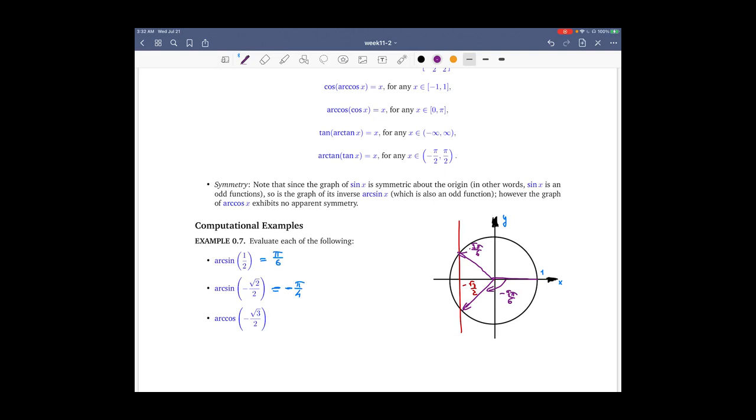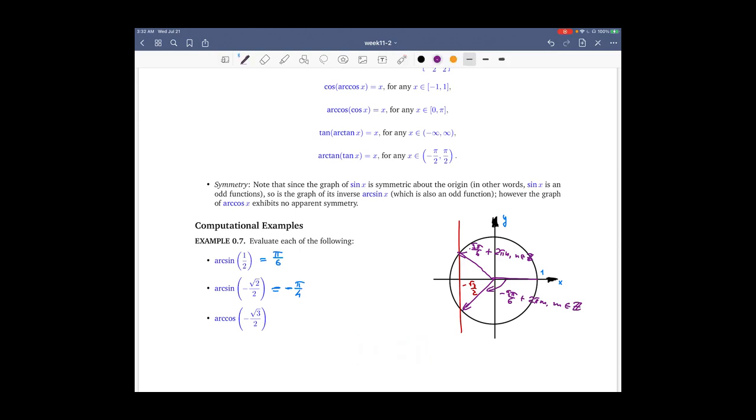And any other angle must be coterminal with either 5 pi over 6 or negative 5 pi over 6. And so, of course, there are infinitely many angles whose cosine is negative root 3 over 2, but only one of them lies in the interval 0 to pi.